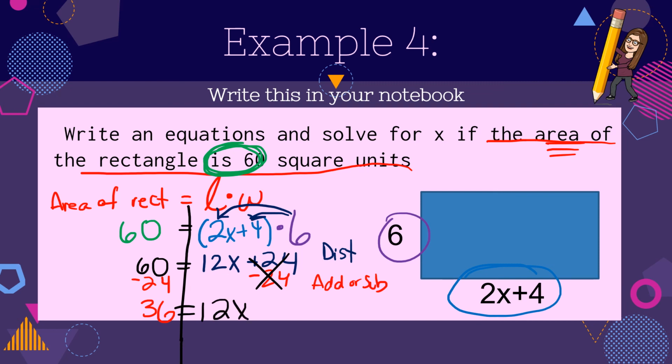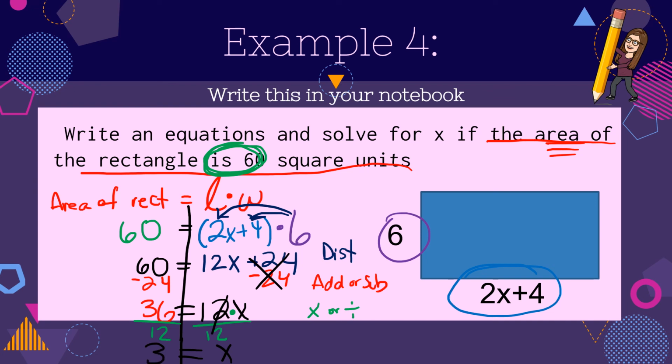Keep following along. I know I'm running off the page a little bit here. Our last step, we need to multiply or divide. In this case, instead of times 12, we're going to divide by 12. The x falls down, and 36 divided by 12 is 3.